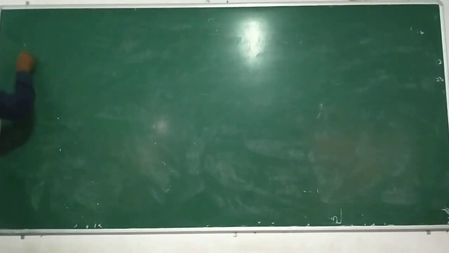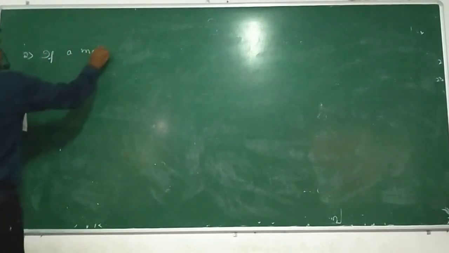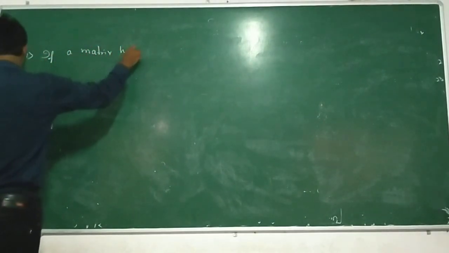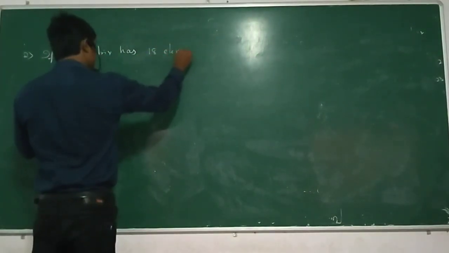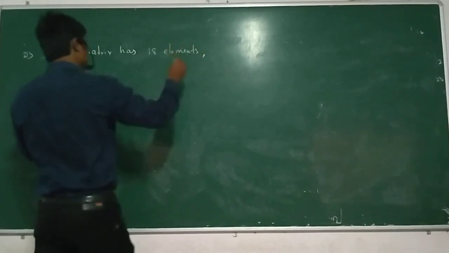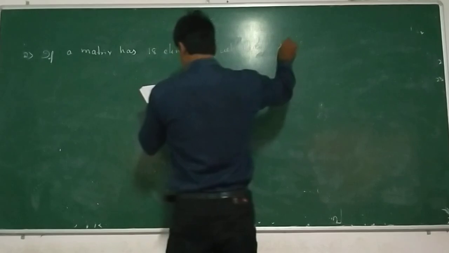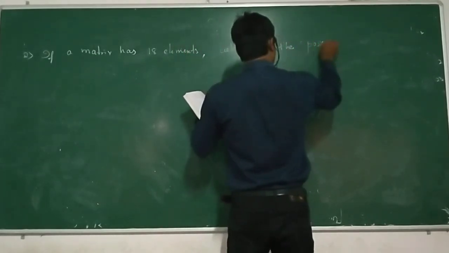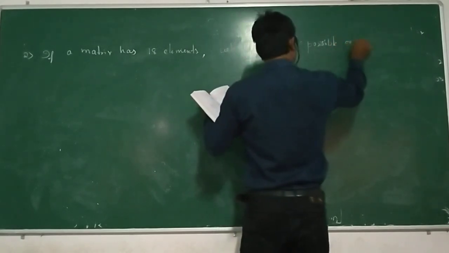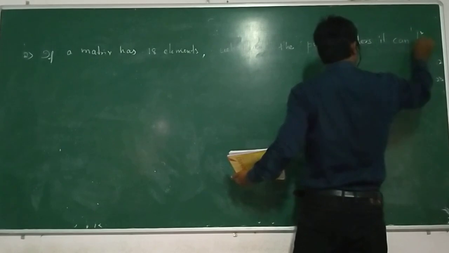So next question. If a matrix has 18 elements, what are the possible orders it can have?